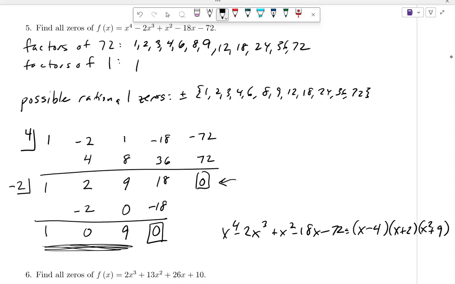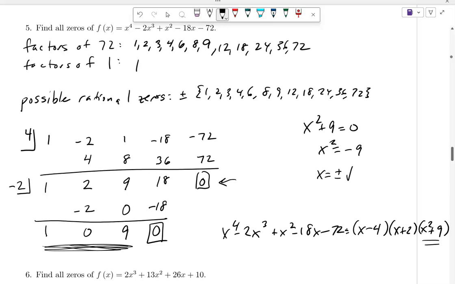Yeah? Okay. So now this is the quadratic we need to find the zeros of. We can do this a couple of different ways. It doesn't factor, right? It'd have to be x squared minus 9 to factor, right? Okay. So you can use the quadratic formula again, or why don't I just subtract the 9 and then take the square root.